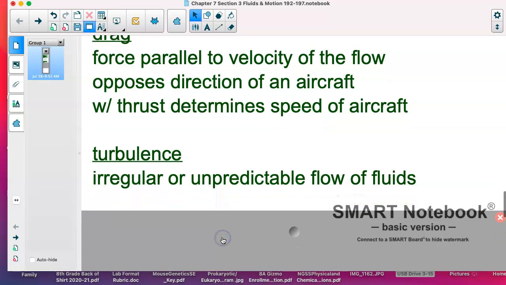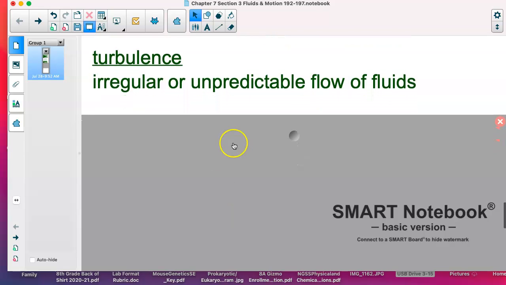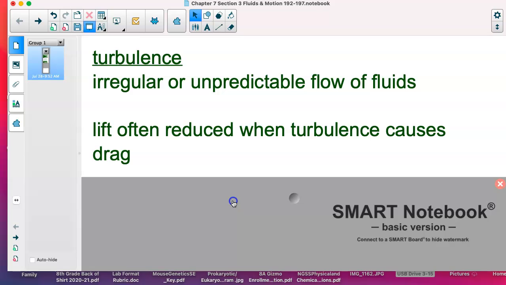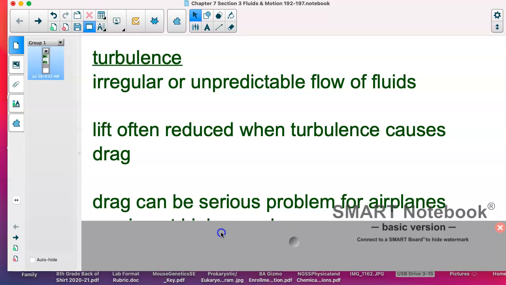So we know about turbulence too. If you've ever experienced turbulence, it's not fun, but remember sometimes the plane experiences turbulence. So when the air is flowing over the wings, they have to adjust things and make sure that it's able to deal with that. So lift can be reduced when the turbulence is causing drag. And sometimes you want drag, like when the plane is landing, you definitely want drag.